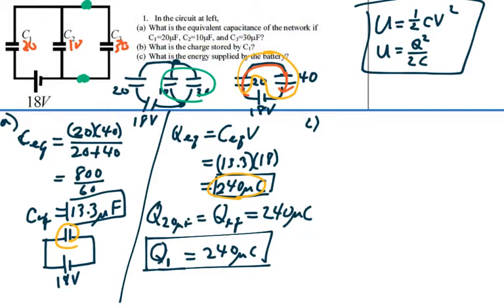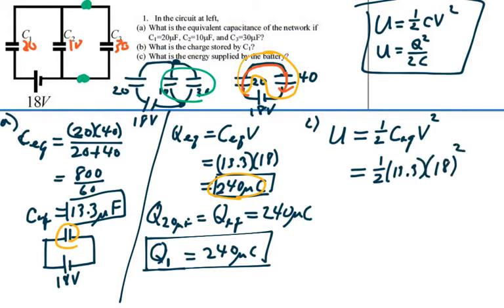But the equivalent capacitance should represent the whole circuit. So the energy stored by the whole circuit will be the energy stored by our equivalent capacitance. And that would be 1/2 C equivalent times its voltage squared. That's going to be 1/2 times 13.3 microfarads times 18 volts squared, which is going to give us 2,160 microjoules.